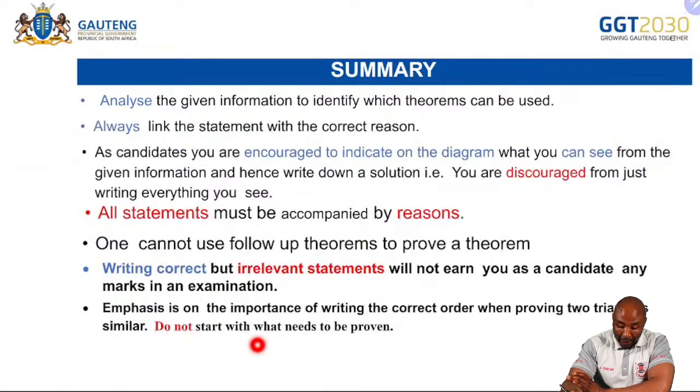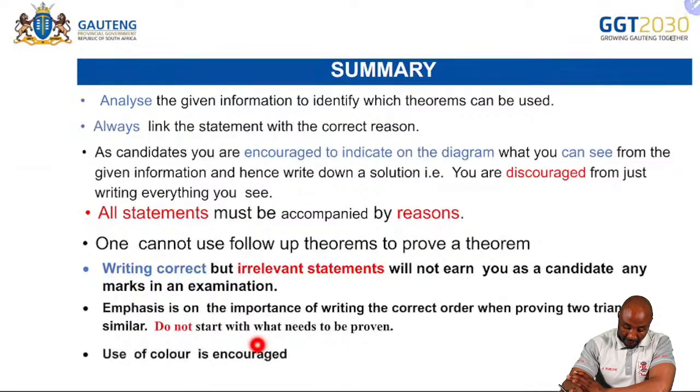And then emphasis is on the importance of writing the correct order of steps if we are supposed to prove a theorem or we are supposed to prove a particular question. I've been emphasizing this. You do not start with what needs to be proven. It has to come at the end. Use of color is encouraged.